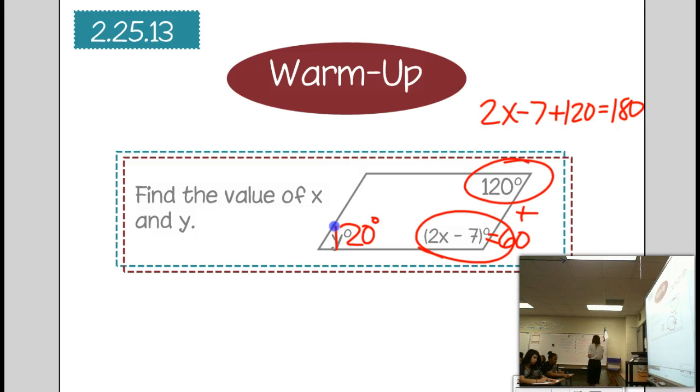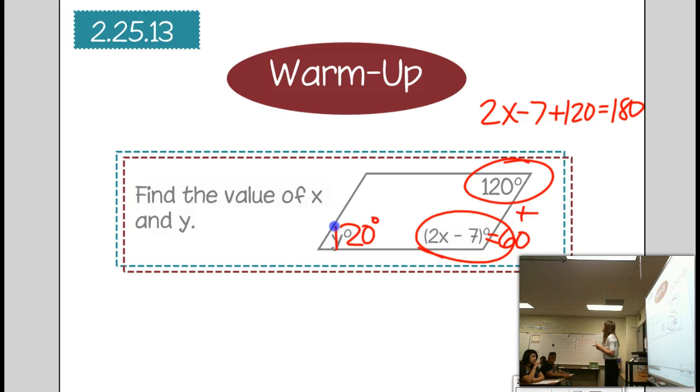Naja's not here. Melanie, what do you get for x? 60 plus 7 divided by 2. It's going to be a decimal. Ava, what'd you get for x? Let's see, what'd you get for x? Where's your C?